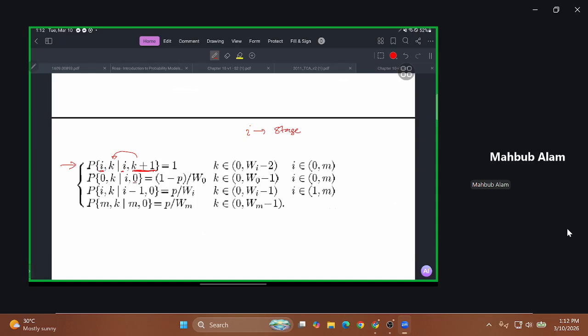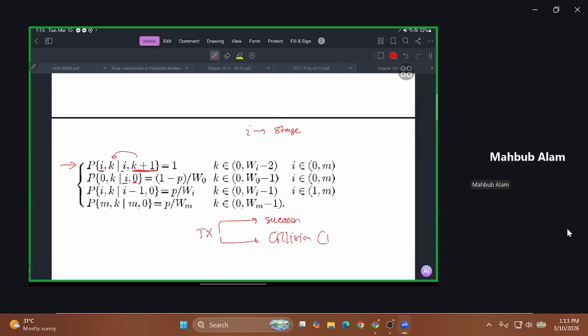On the other hand, if your current backup counter value is 0 and you are in a stage i, which could be any value from 0 to m, then this indicates a transmission is imminent. That means the station will transmit. So when a station transmits, we know there are two cases. After transmission, a success, or a failure, or collision.